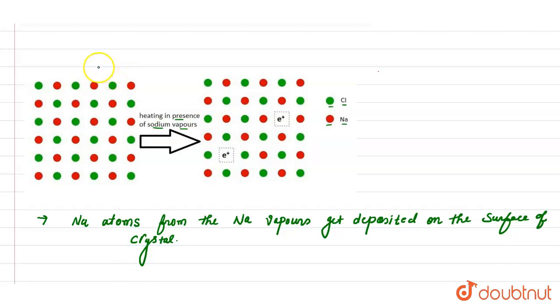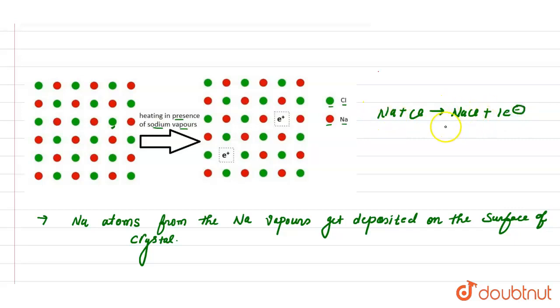And due to these deposited sodium atoms, the chloride ions diffuse out of the crystal lattice to form NaCl. The reaction looks like this: Na plus Cl gives NaCl, and it will release one electron.